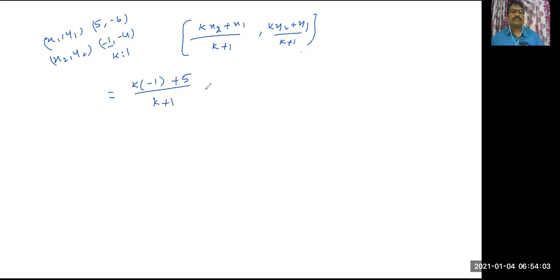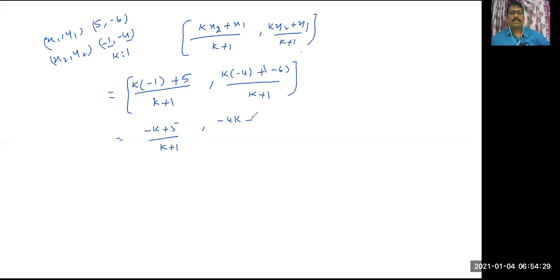Next k y2, here minus 4, k into minus 4 plus y1 minus 6 by k plus 1. So minus k plus 5 by k plus 1, minus 4k plus minus 6 by k plus 1.